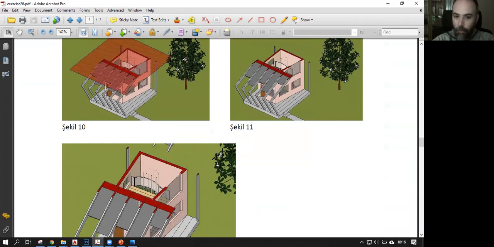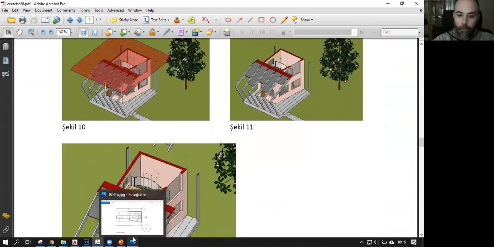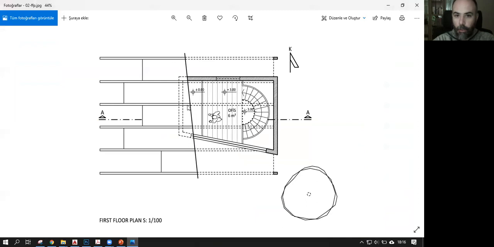We don't draw that like this. We represent it with this inclined thick line, just like we did with the stairs or ramps or other parts of the inclined surfaces like the sloping ground floor, the ground area. We did that in one of our previous exercises.